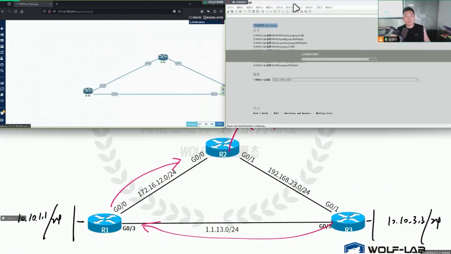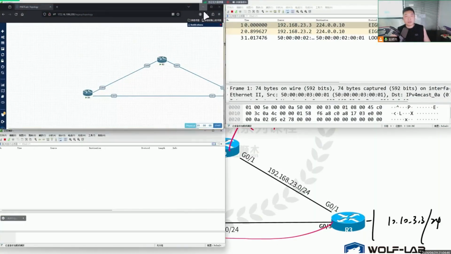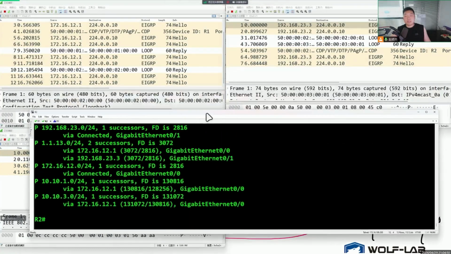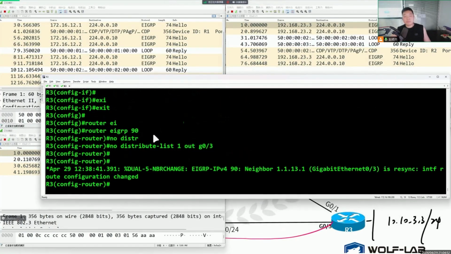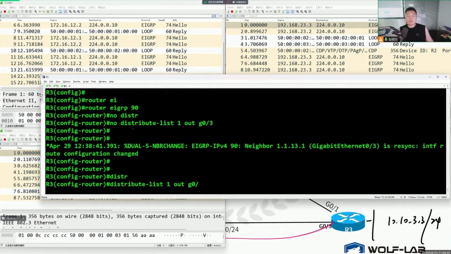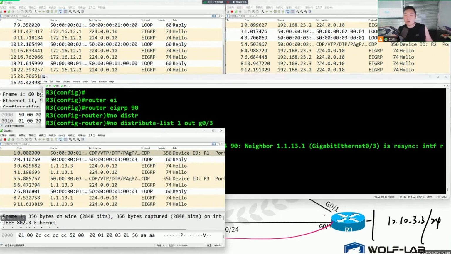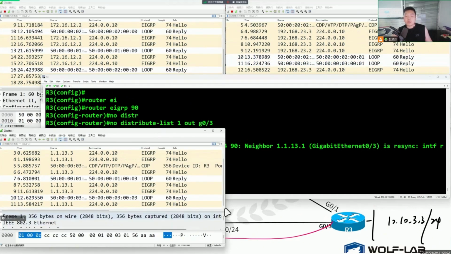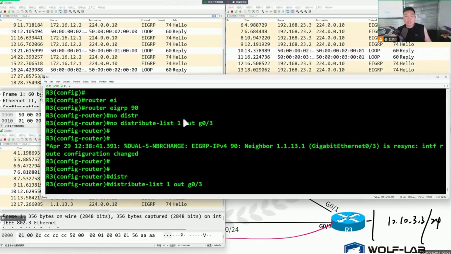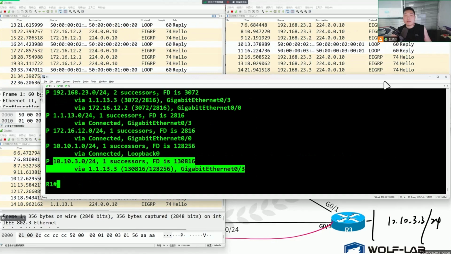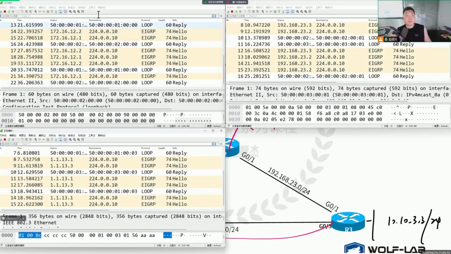It announced to R1 the 10.10.3.0 route. When R1 loses this route entry, it will send a query to R2, in the packet in the upper left corner. We will observe from R1 the query message sent to our R2 and observe the ACK replied by R2 on the link between R2 and R3 on the right. When R2 receives the query message, it finds that the next hop is R1.